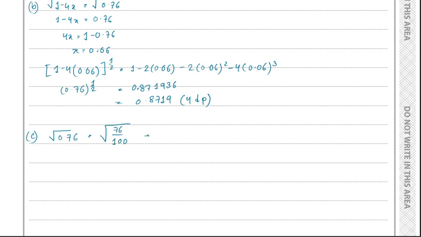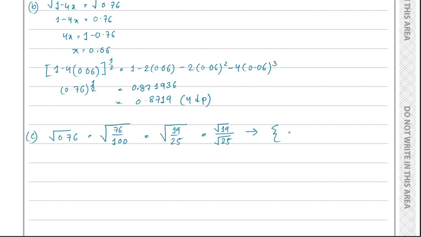So 76 by 100 would come out to be root over 19 by 25, if you divide the numerator and denominator by 4. And then we can also write it like this: root over 19 and root over 25.